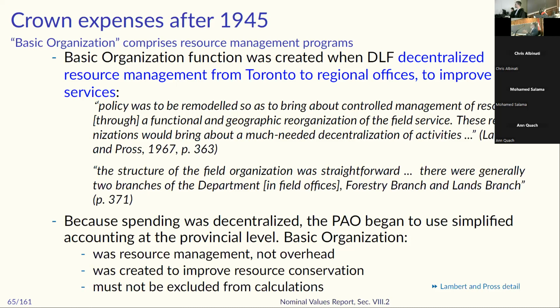We do an apportionment exercise of that kind based on the PAO. Again, the question would be, what else could be happening inside the basic organization, inside the field offices, that we would want to exclude? We conclude that it was forestry and lands management activities based on our primary and secondary sources.